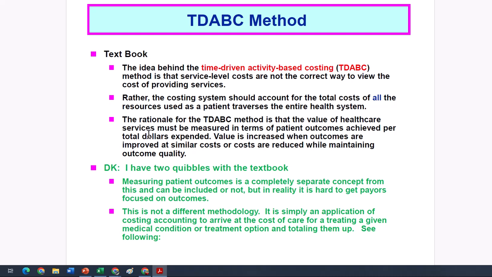Yeah, I don't really see this as a separate method. It's really not a method. It's an application of what we just talked about. First of all, patient outcomes is completely separate from this kind of accounting.